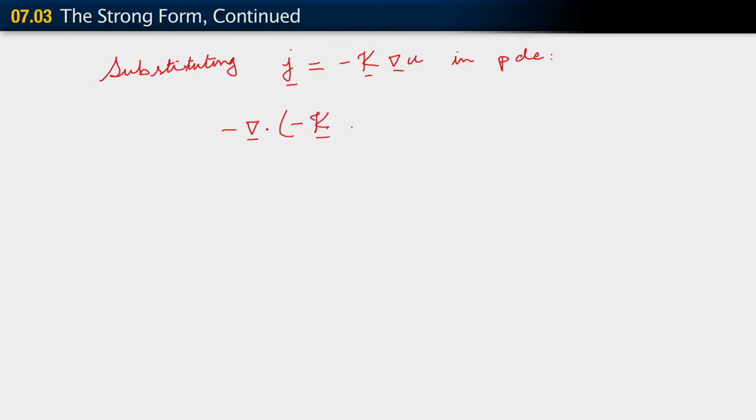So substituting J equals minus kappa grad U in the PDE, we get minus del dot minus kappa grad U equals F in omega.